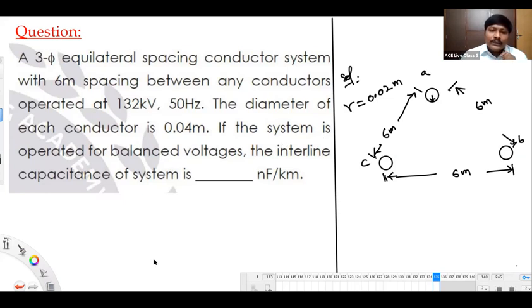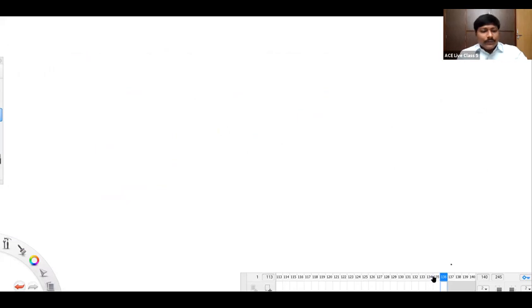Interline capacitance means what? Line to line, conductor to conductor capacitance he is asking. So first of all, I'll repeat this diagram in the next slide. Look at this one.